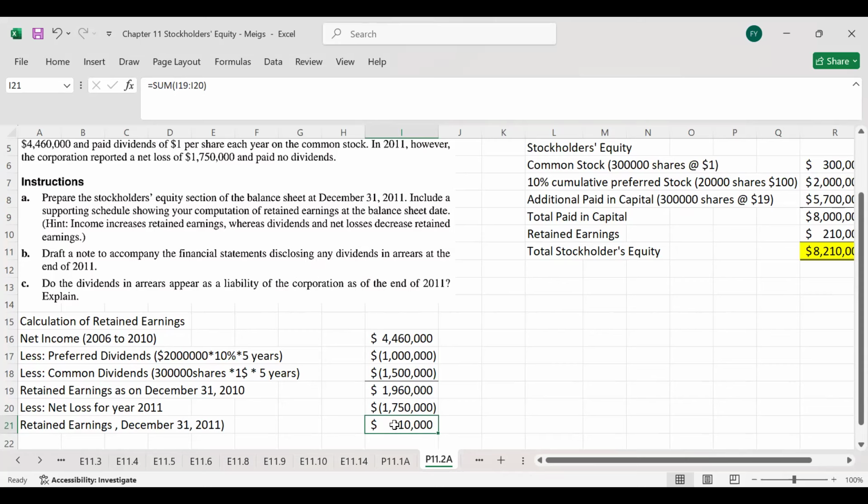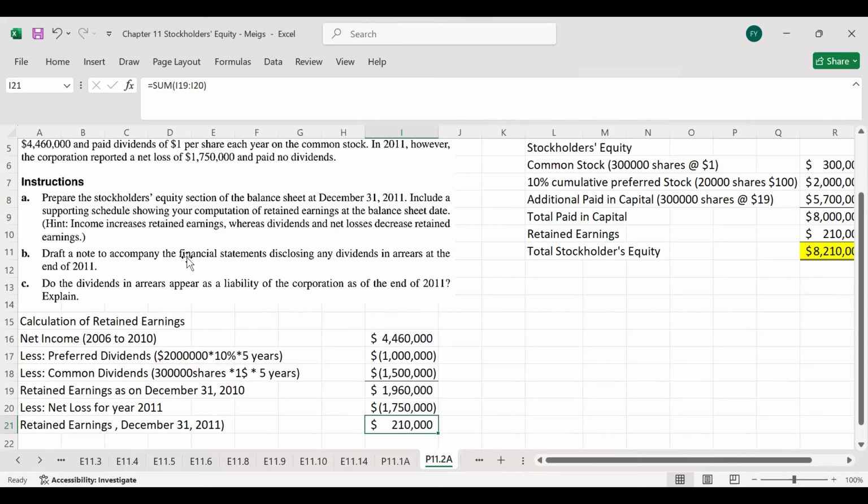In 2011, as the company shows a net loss, the company has not paid any dividends on cumulative as well as common stock. So as far as the disclosure is concerned in requirement B, there's a need to prepare a note in the financial statement.